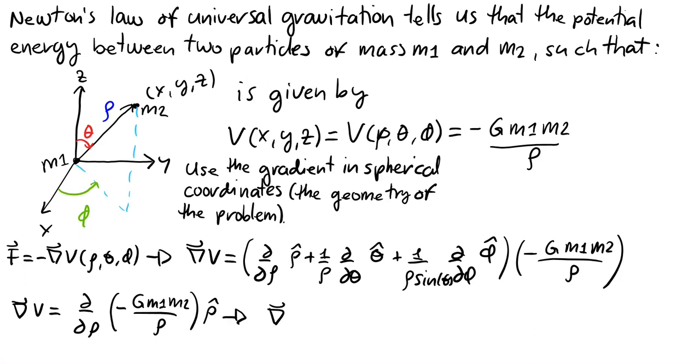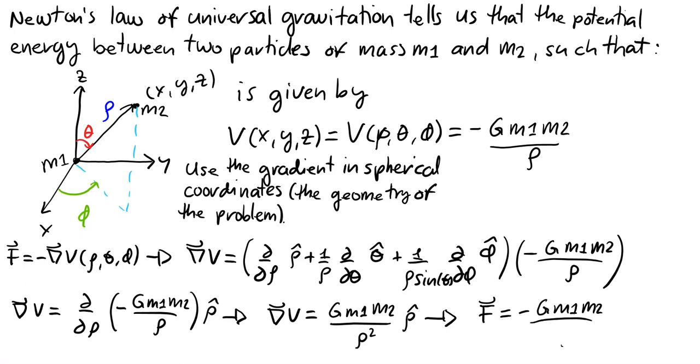Thus, we can easily calculate the gradient, noticing that the final result is a vector. Finally, the force is the negative of the vector we have just found, and of course, you recover the force you must have already learned in your previous courses.